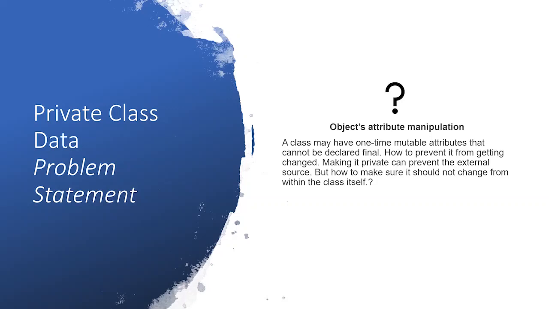Since it is private, we can ensure that we are not able to change the value from outside. One-time initialization is done. But there are chances, as I said, that a private method inside the class has access to that private variable, so it can change the value of that variable from inside. Okay. So our intent is to prevent that unintentional manipulation, even from inside of that class also.